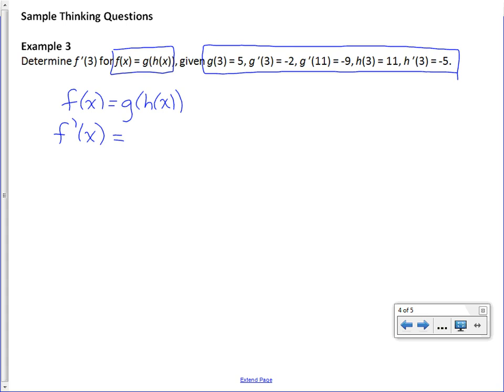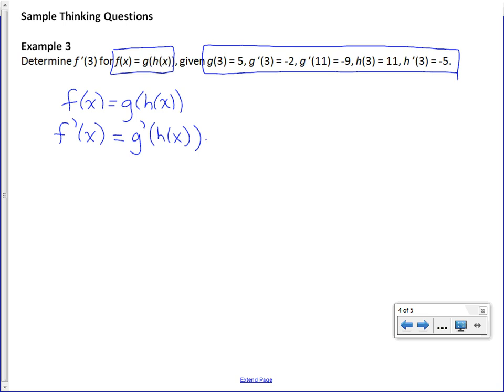So g at h at x: I need the derivative of g at blah. So g at blah, what's the derivative of g at blah? G prime, right? At, when I write the blah, do I do anything to it or I just copy it? You copy this. I'm not done, because what else do you have to do for chain rule?